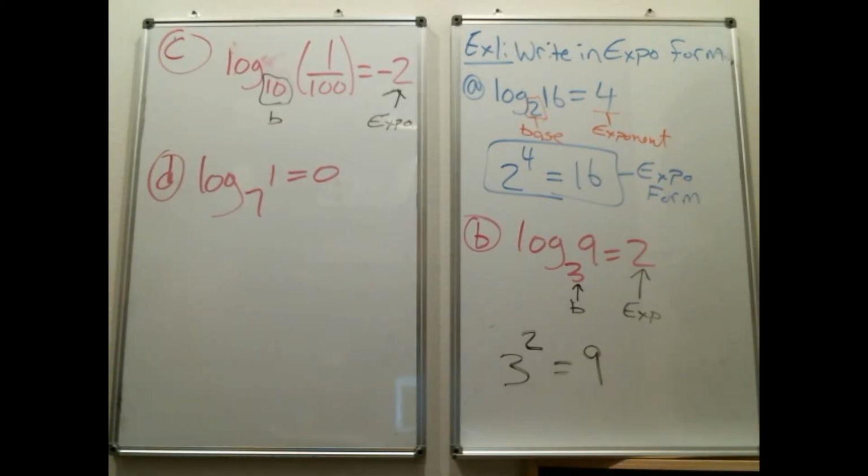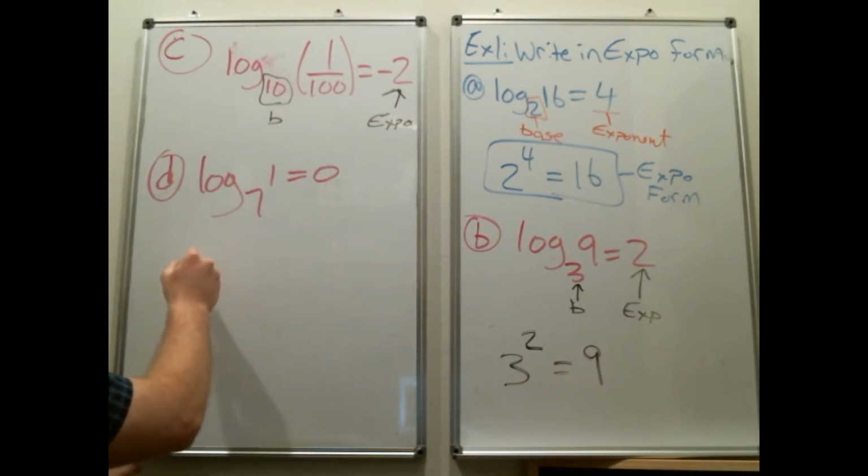Alright, so I'm looking here. I'm in logarithmic form. How do I know I'm in logarithmic form? Because the log's in here. That tells me that if I read this, log base 7 of 1 is equal to 0. So when I read it, I'm already telling myself what my base is, log base 7.